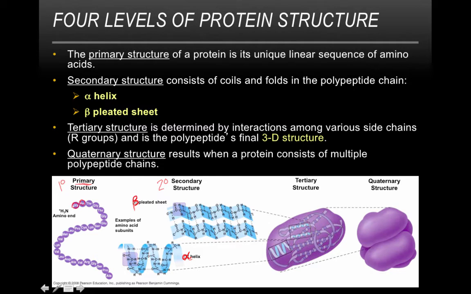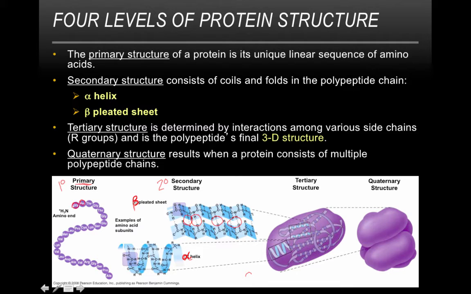Think of those paper fans you used to make as a kid. Similar shape. Hydrogen bonds are key to a protein's secondary structure. And you can see here these dotted lines. These dotted lines are representing hydrogen bonding between various atoms of the polypeptide, starting to give it some three-dimensional form.